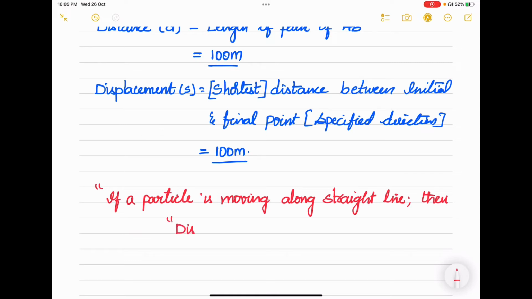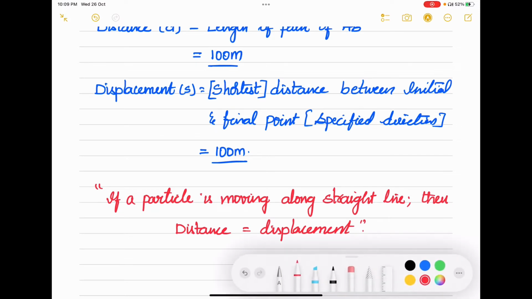Distance is equal to displacement. So this is the conclusion number 1 obtained by our case 1. Clear? I hope everyone got it.